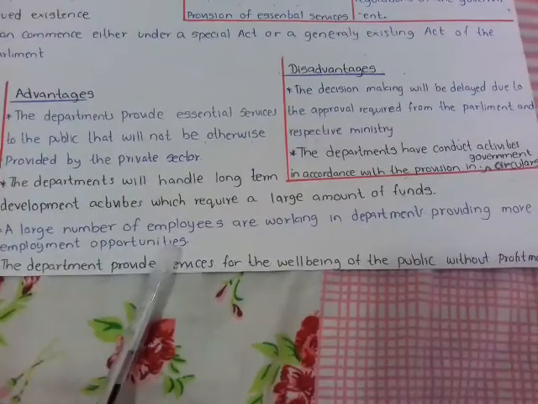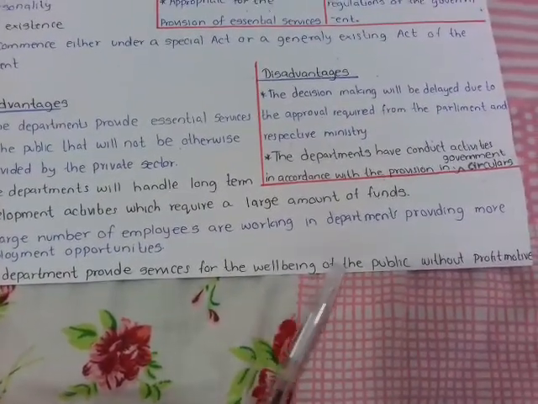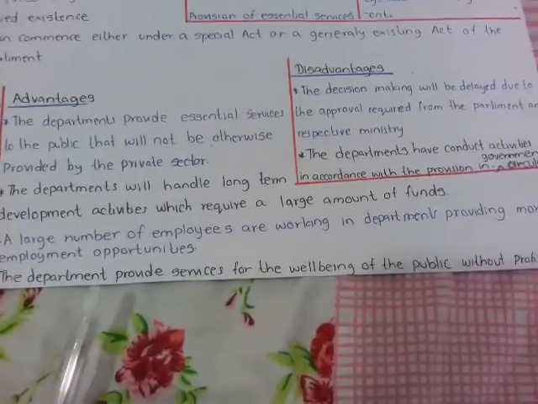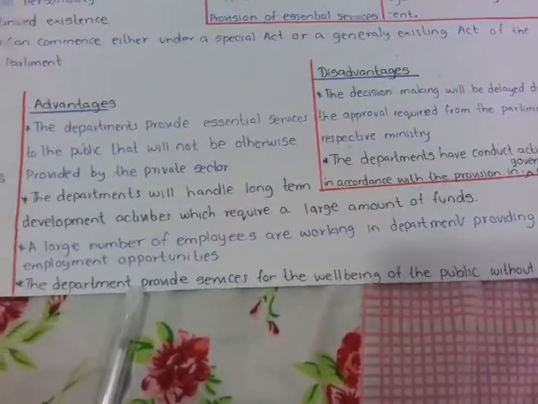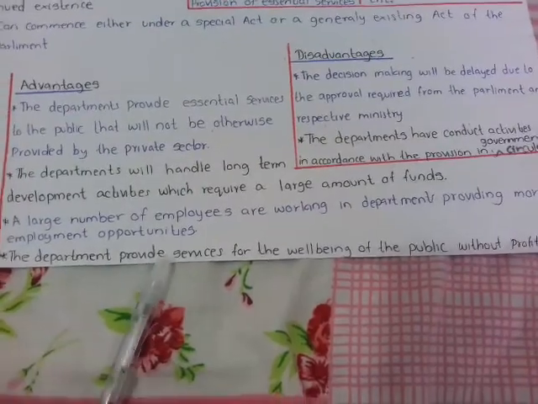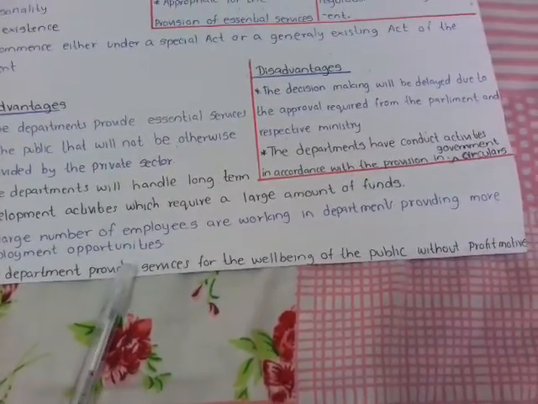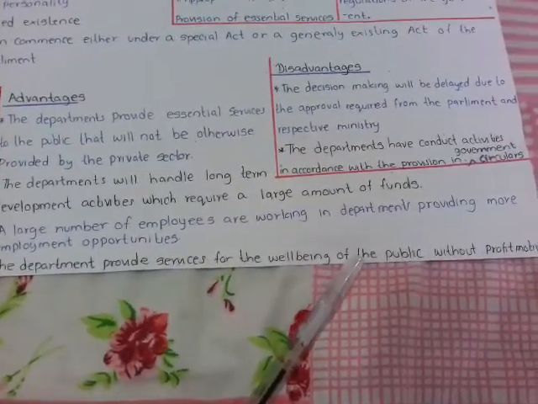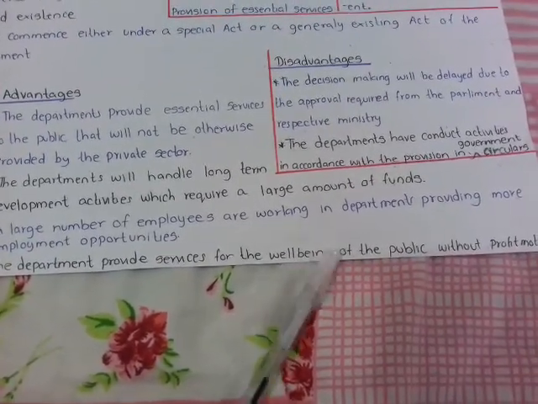The department provides services for the well-being of the public without a profit motive. Now, if we take the railway department, it provides you the service, but the cost is very low because it doesn't have a profit motive but only the well-being of the public.